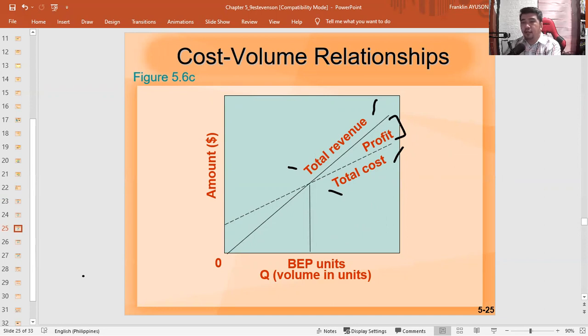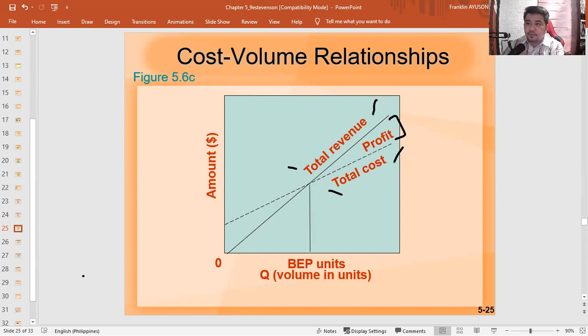It's like sales, total revenue, less cost of goods sold, total cost, equals profit or gross profit. That is basically accounting. Your sales revenue less COGS is your gross profit. It's gross because there are still other expenses.